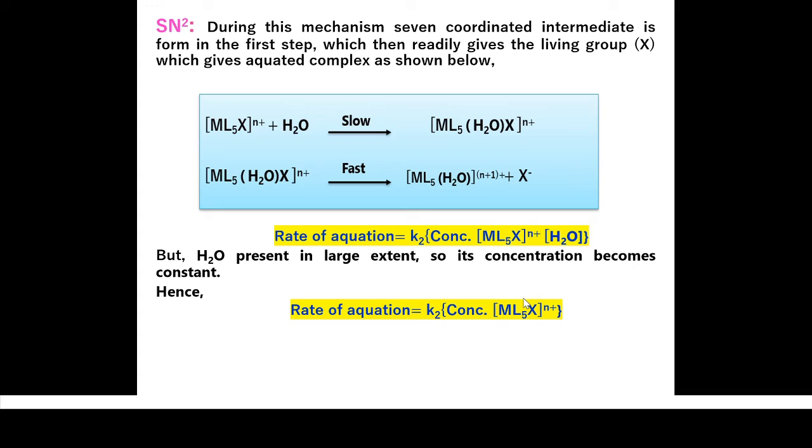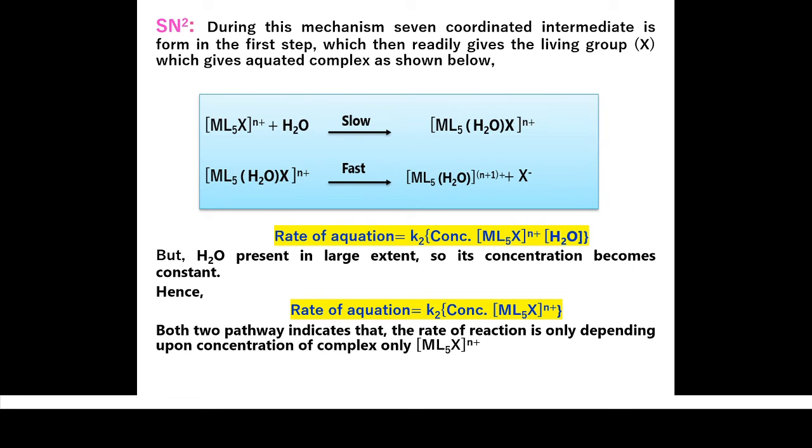In case of SN1, the rate of aquation only depends on the concentration of the substrate, and also in case of SN2, the rate of aquation depends on the concentration of this complex. So both pathways indicate that the rate of reaction depends only upon the concentration of the complex. That is, it is a first order reaction.